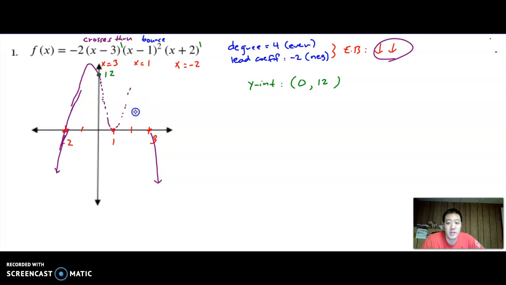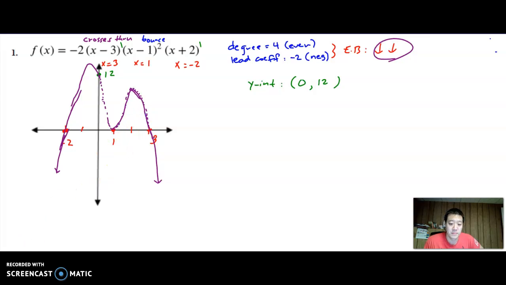If you want to check your calculator, that's fine. I'm going to make sure that I draw this coming back down. And so there it is. So that's number 1.